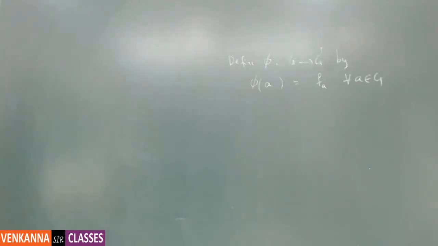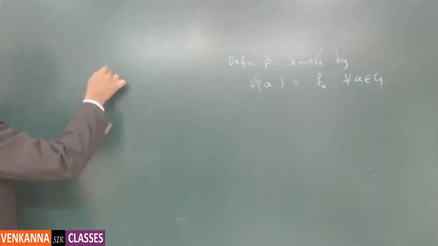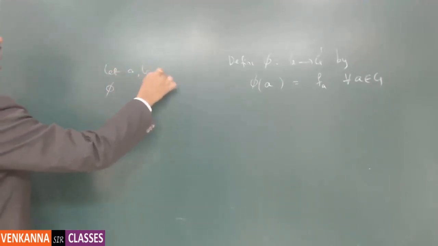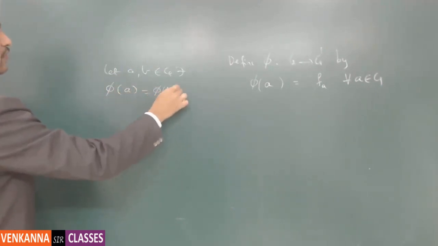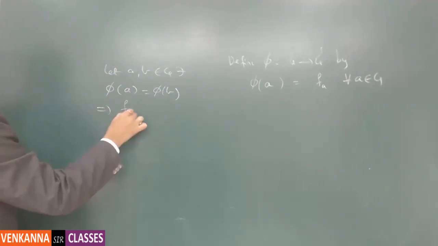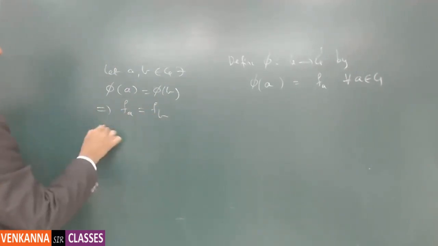If you have a doubt, let A comma B belong to G such that phi of A is equal to phi of B, which implies FA equals FB.